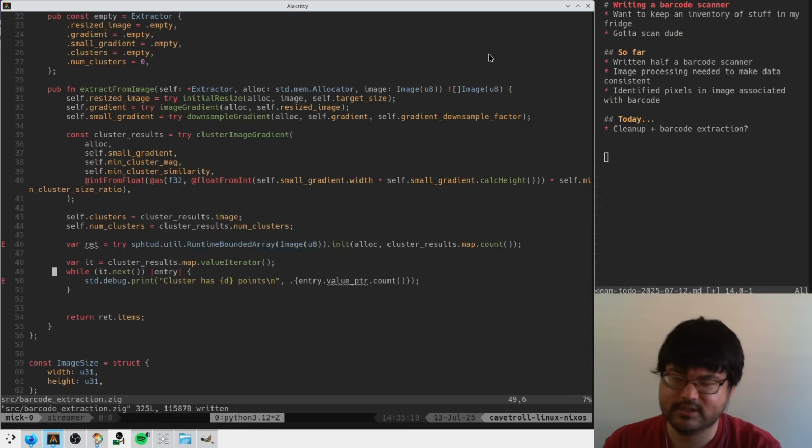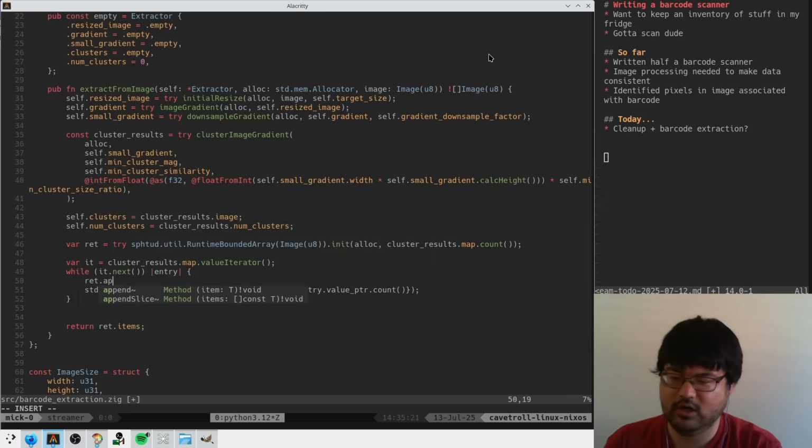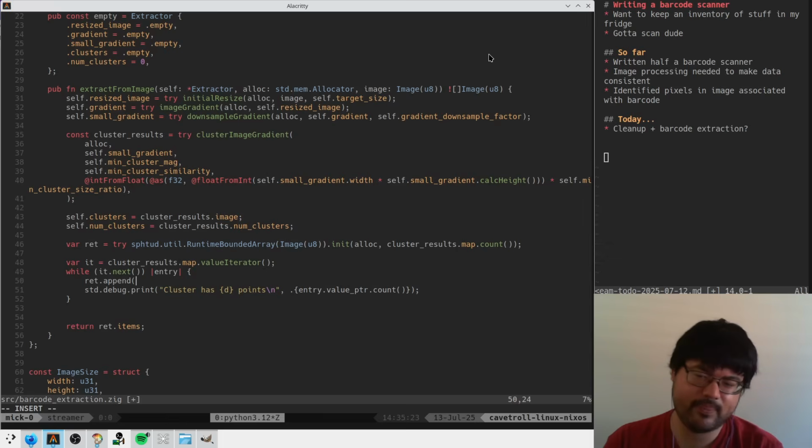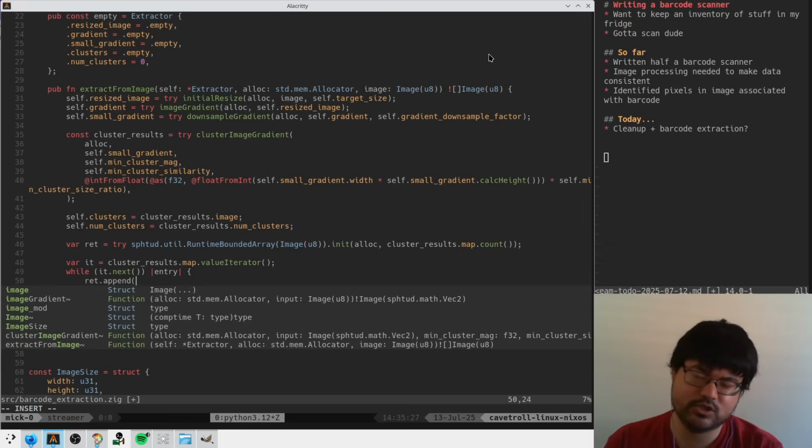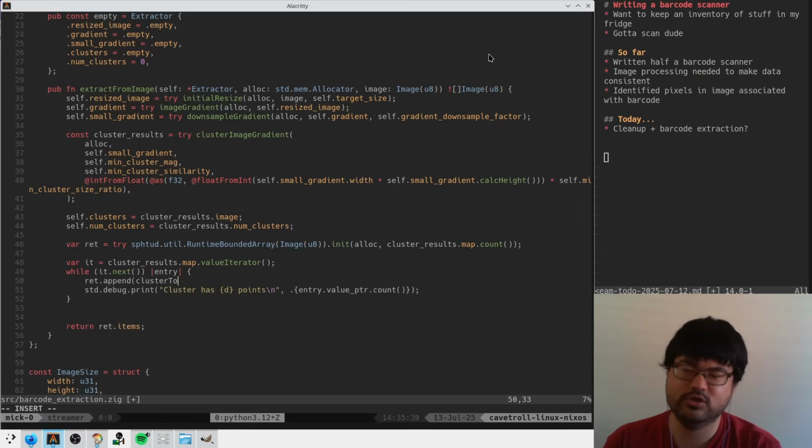And for each of these, we're going to do ret.append, cluster to image. We also need the image itself, the cluster image itself, I think.